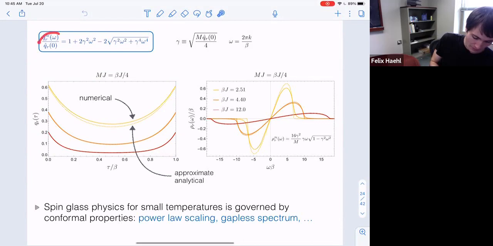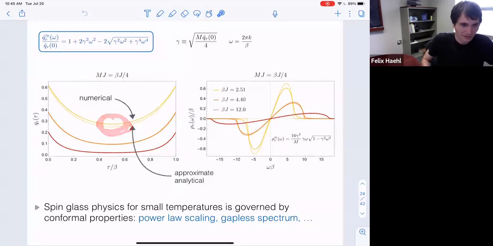You see that in these plots. Here I plot the same approximate solution in the time domain in Euclidean time. The dotted lines are this approximate analytical solution, and you see that it behaves nicely both at short distances and at long distances. Here's the conformal regime, and here's the UV regime, where it's also finite.